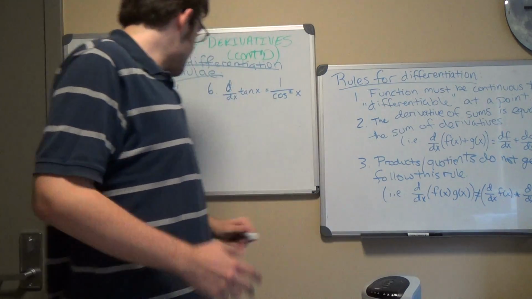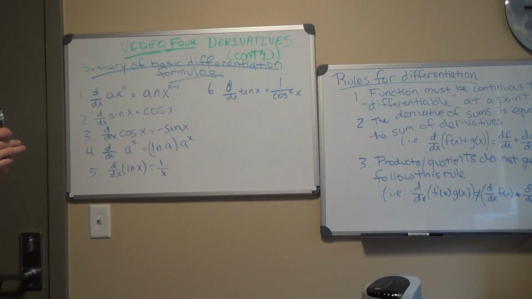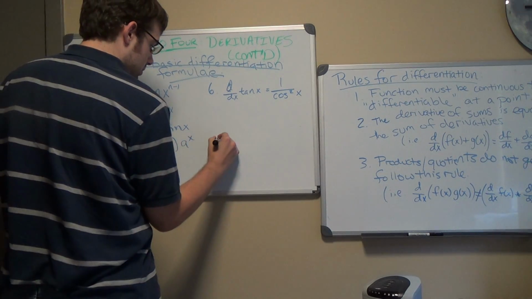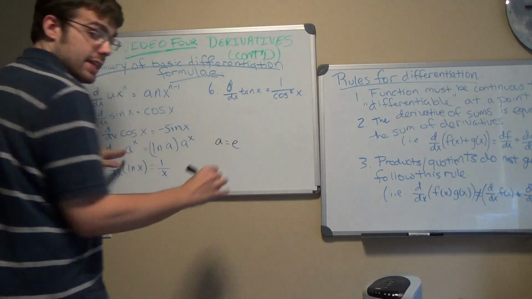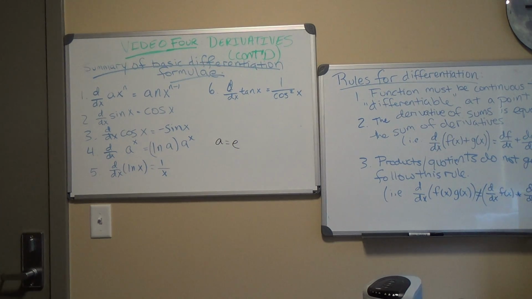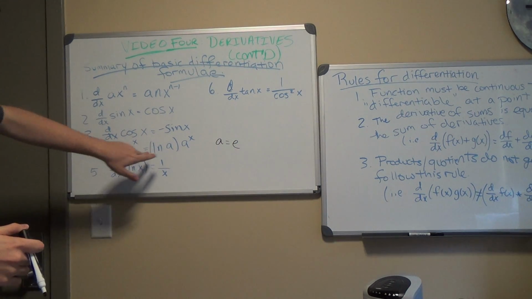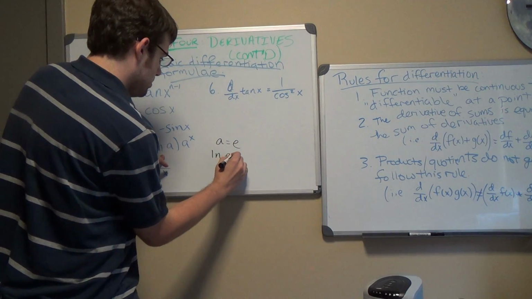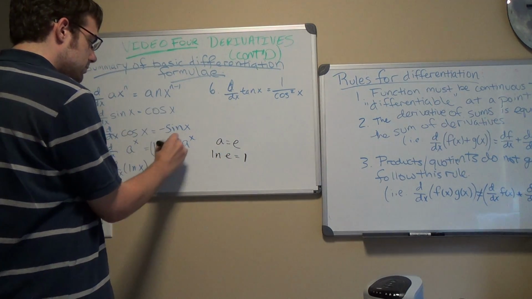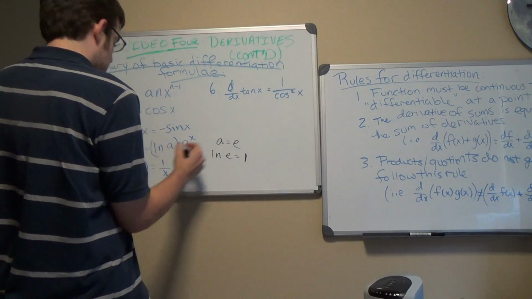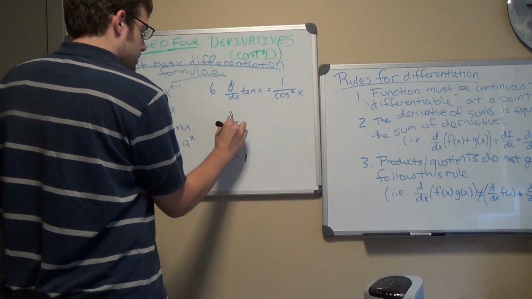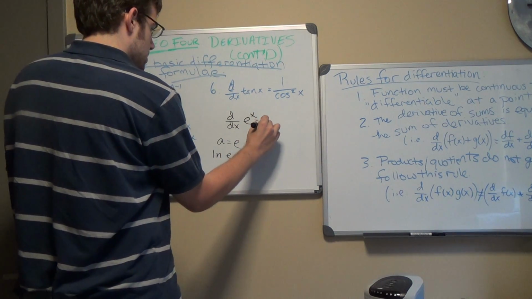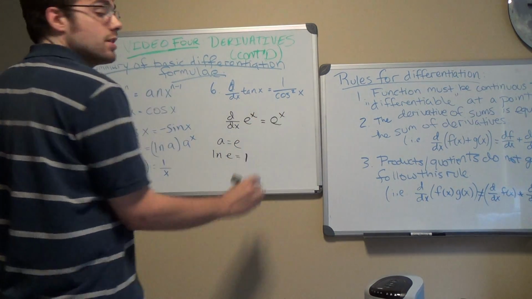And if you notice, a little trick that we can do, if we set a equals e, e as in the natural number, the natural log of e is 1, and a is e, so d dx of e to the x equals just e to the x.